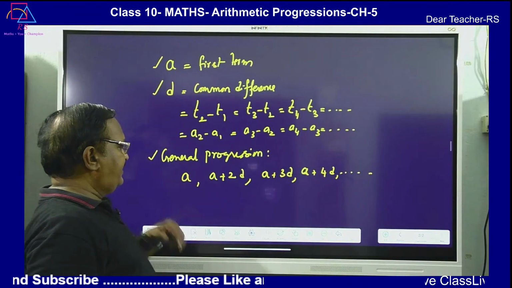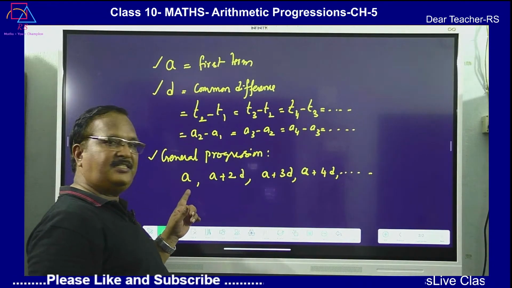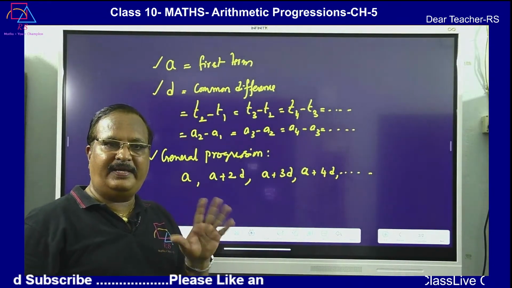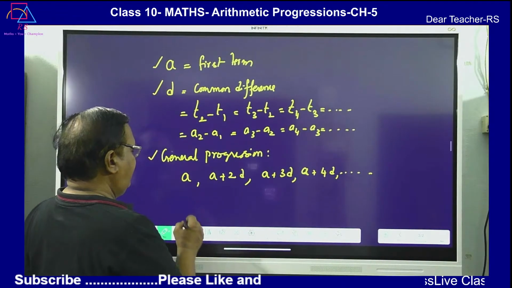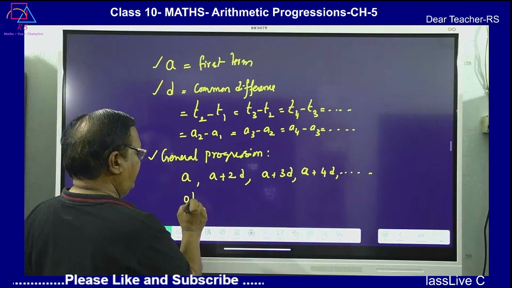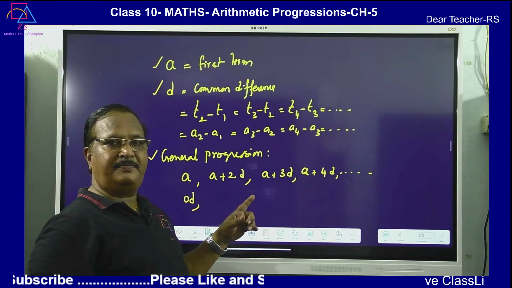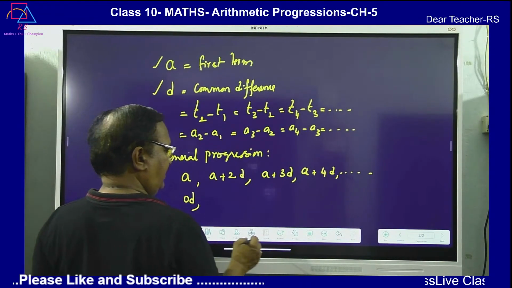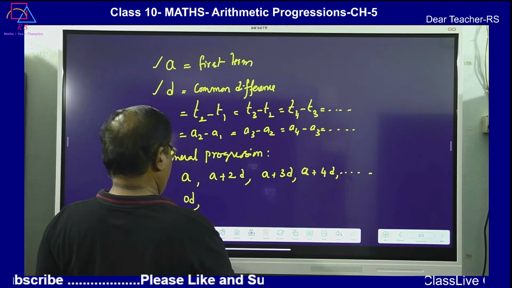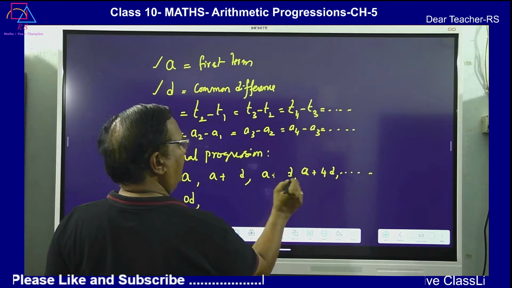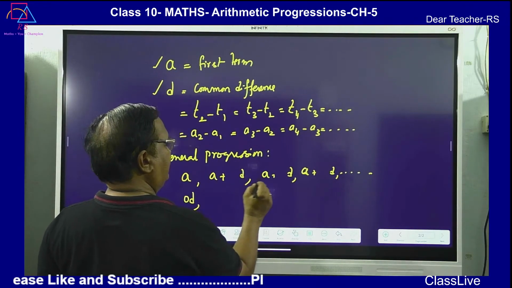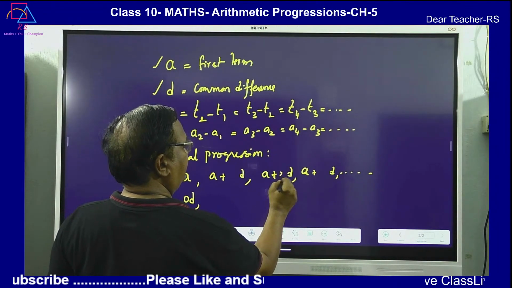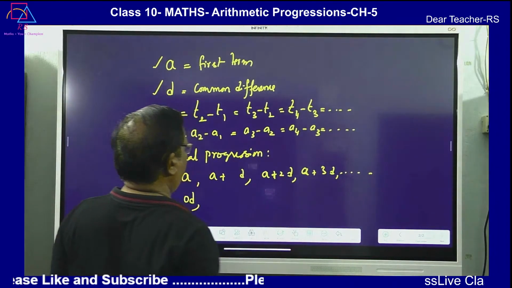If you observe, in the first term D is not there, 0D. I am sorry, here I have written it wrong. I should write only A plus D, A plus 2D, A plus 3D and so on.